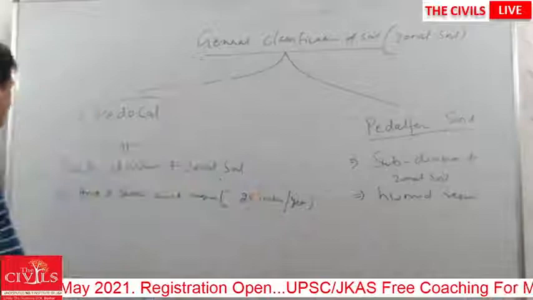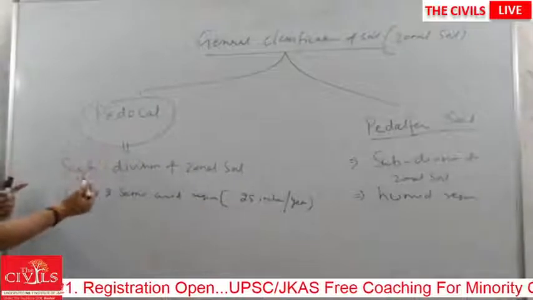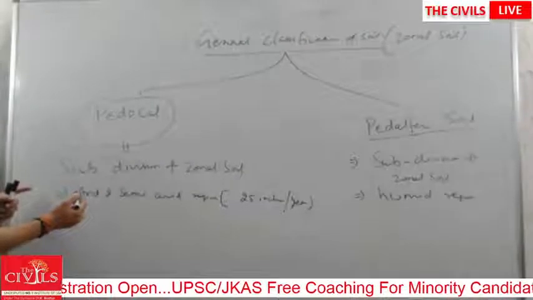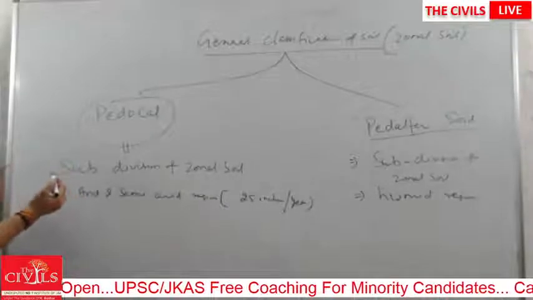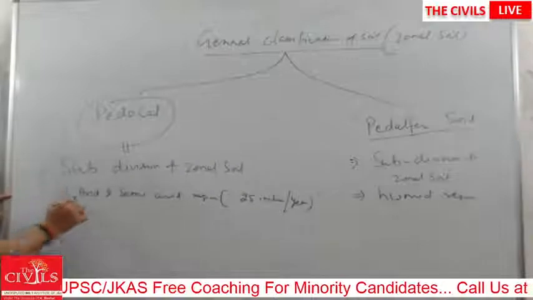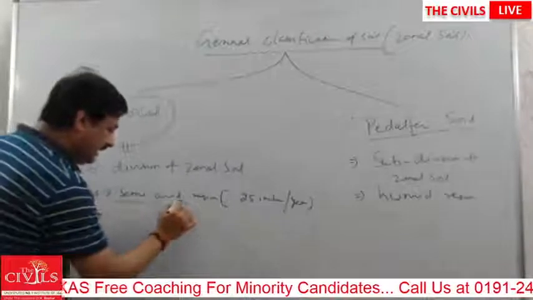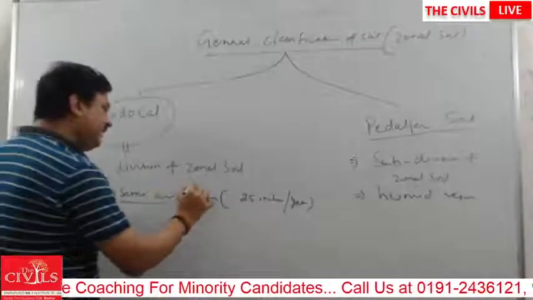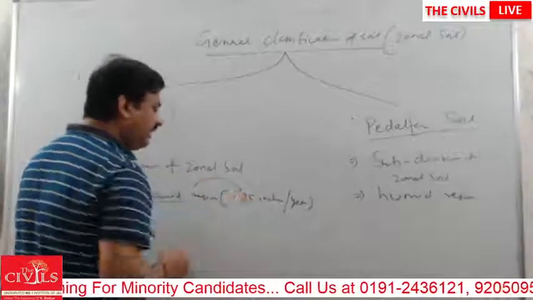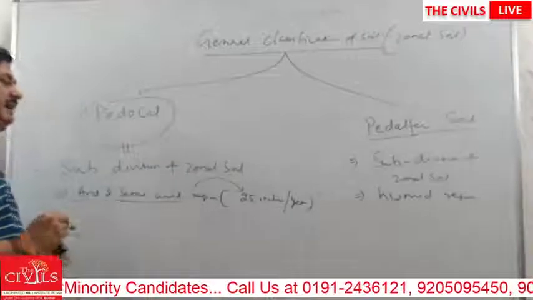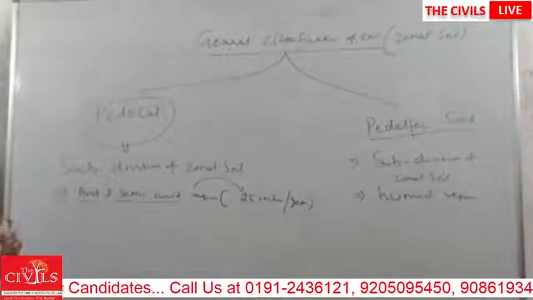So peduncle soil is the soil of arid and semi-arid region, or the region which receives annual rainfall of less than 25 inches per year.